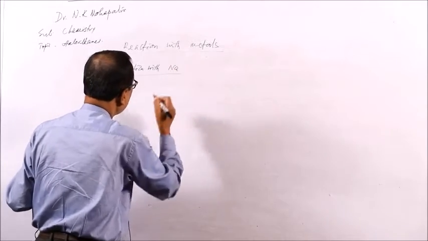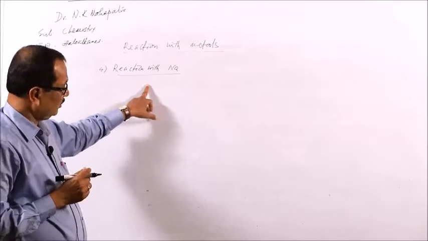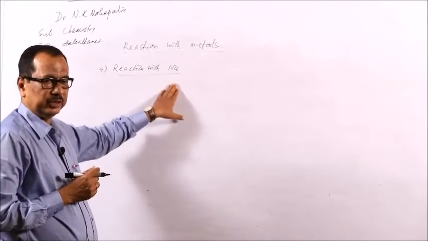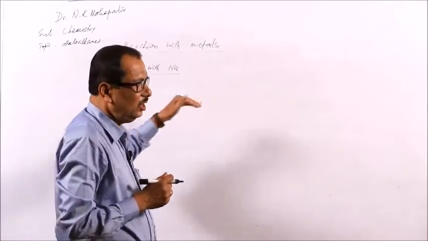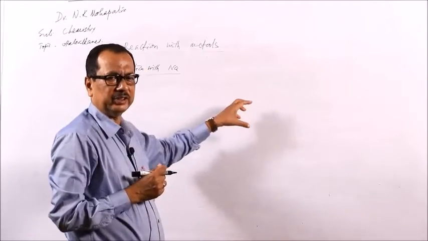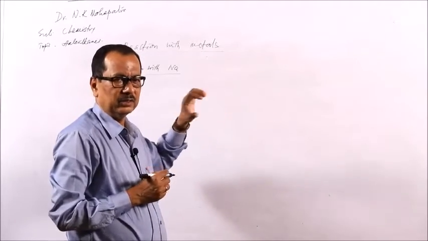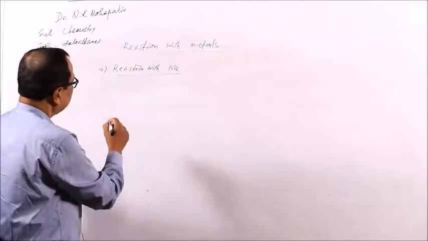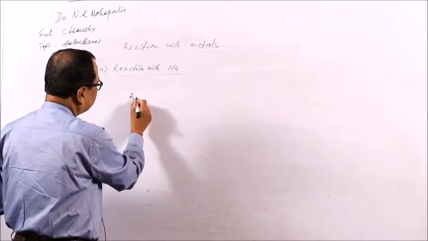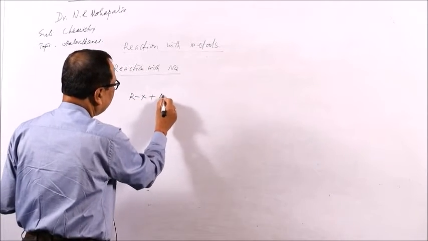When alkyl halide is treated with metallic sodium in presence of dry ether, 2 molecules of alkyl halide condense to give a bigger alkane, that is RX plus Na.